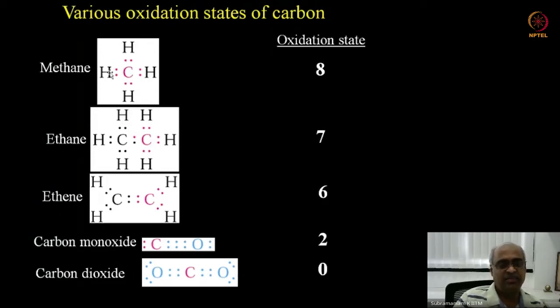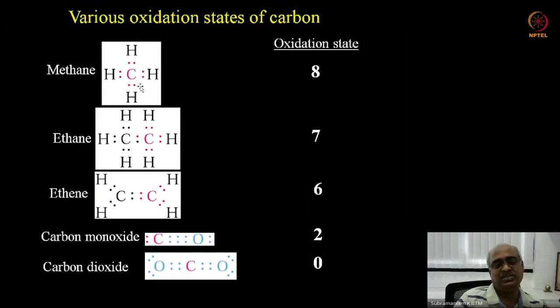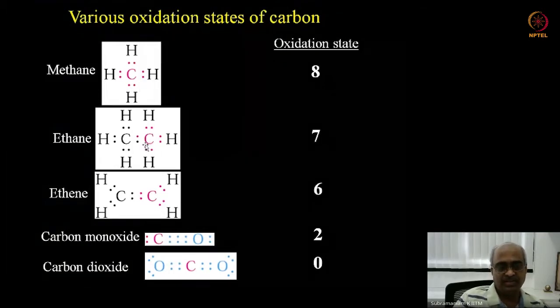So here the type of bond and the type of atoms, that is where its energy is, or where its electron affinity comes from. So here the carbon has more hold on 8 electrons. And that is because of the kind of atom it is bonded to. Here it is hydrogen. Next, if you look at ethane, here one of the shared electron pairs is with another carbon. So this carbon is not going to behave like hydrogen.